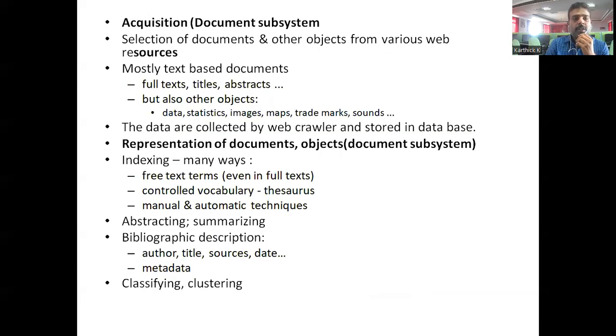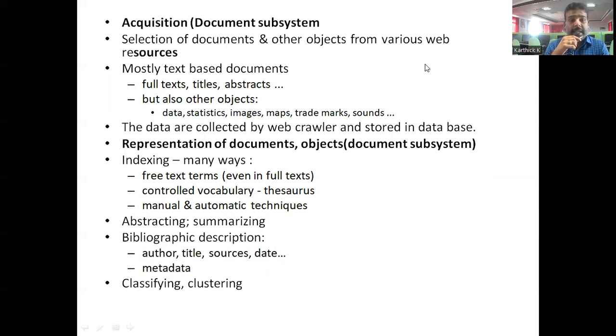First, acquisition. If I go to Google and type something, I will get some information related to what I typed. The first thing is how the information gets selected. If I type something in Google, I have to retrieve some relevant objects.